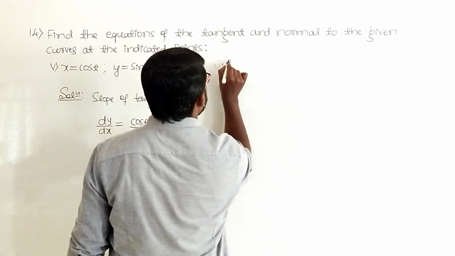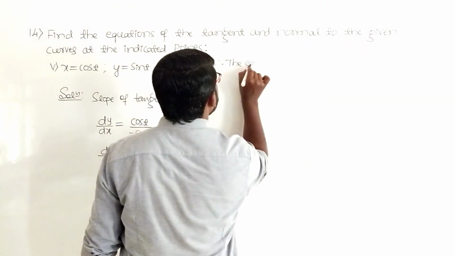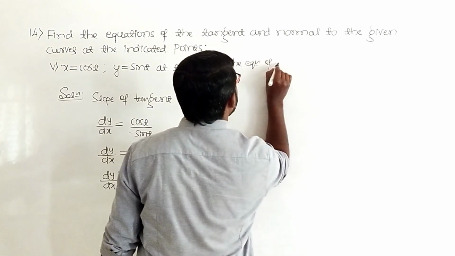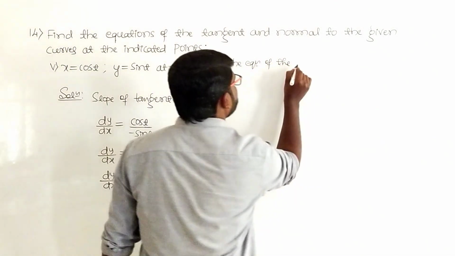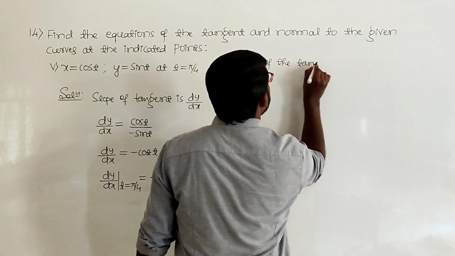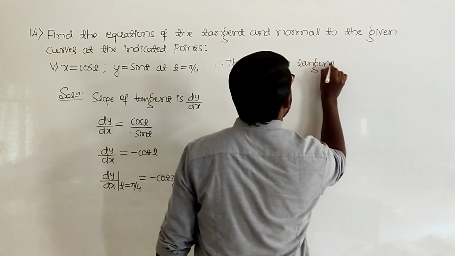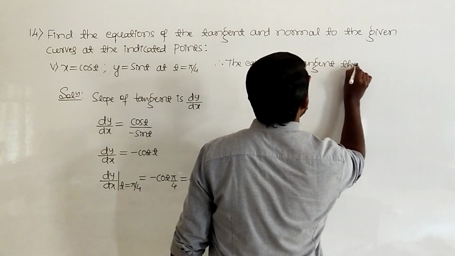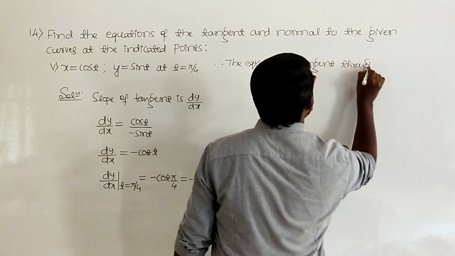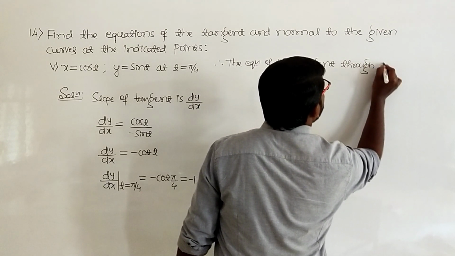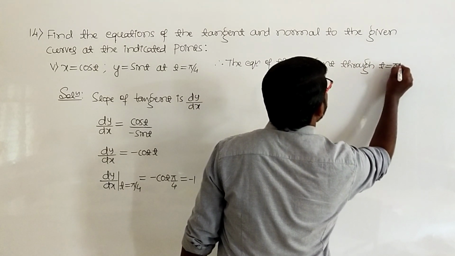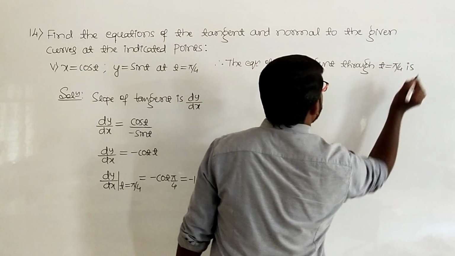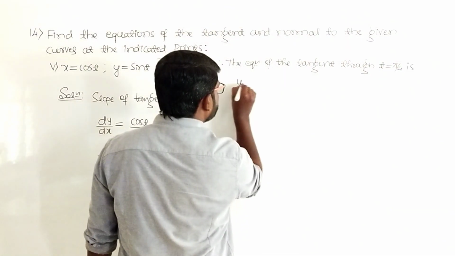Therefore, the equation of the tangent through t equal to pi by 4 is y minus y naught.